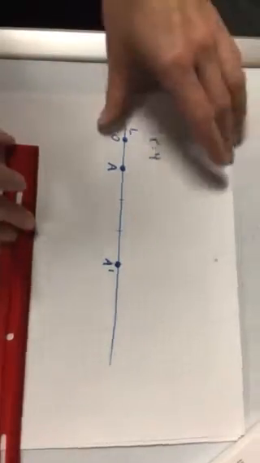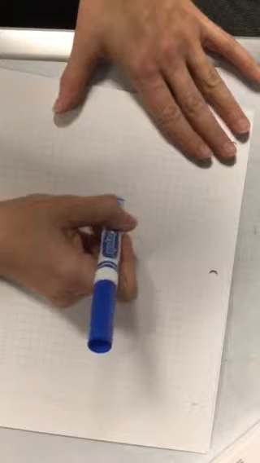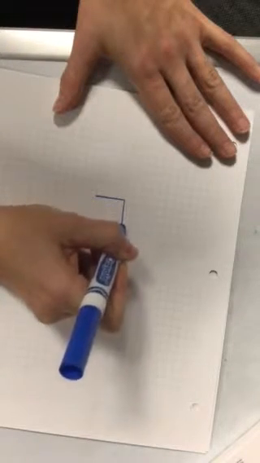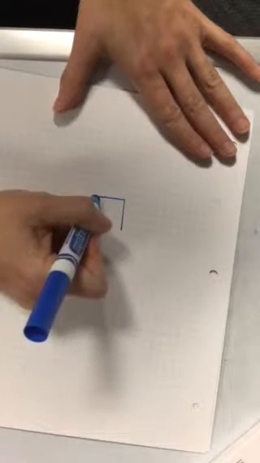Okay. One last drawing. We're going to dilate a shape. Okay, so let's draw a square. Now let's draw a triangle. It's a small right triangle.